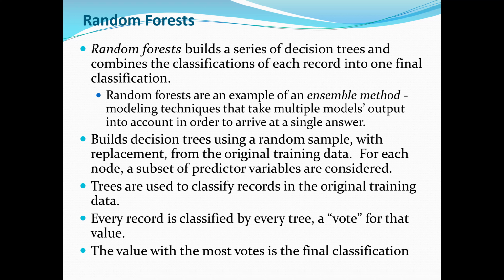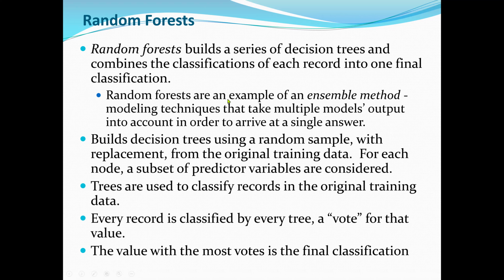So random forests, again, are an example of an ensemble method. We discussed this in our lectures. Ensemble methods are a category of modeling techniques that take multiple models' output into account in order to arrive at a single answer.